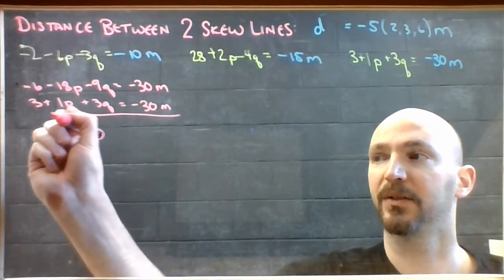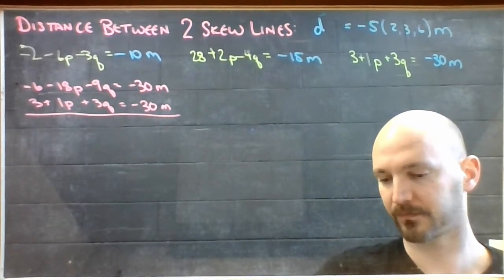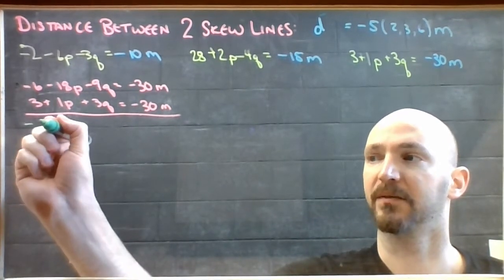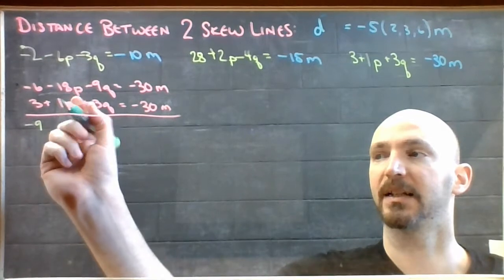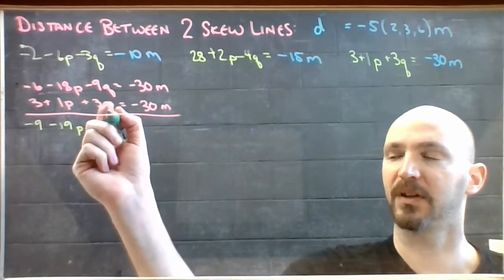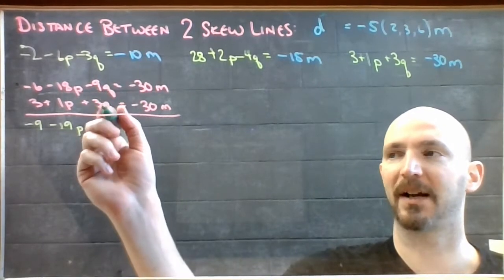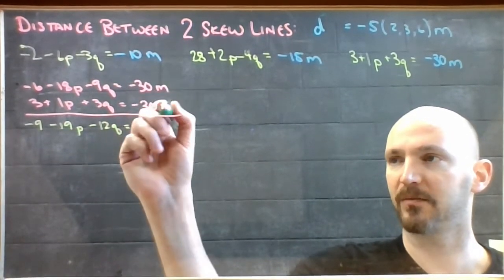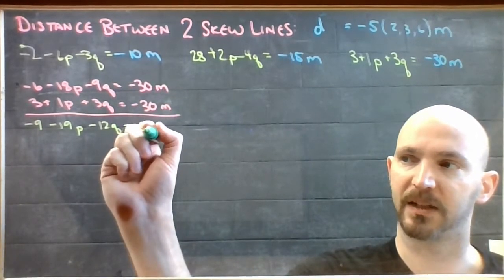And I'm going to do some subtraction here. So -6 minus 3 would be -9. -18 minus 1 would be -19. -9 minus 3 would be -12. And -30 m's minus -30 m's is gone.